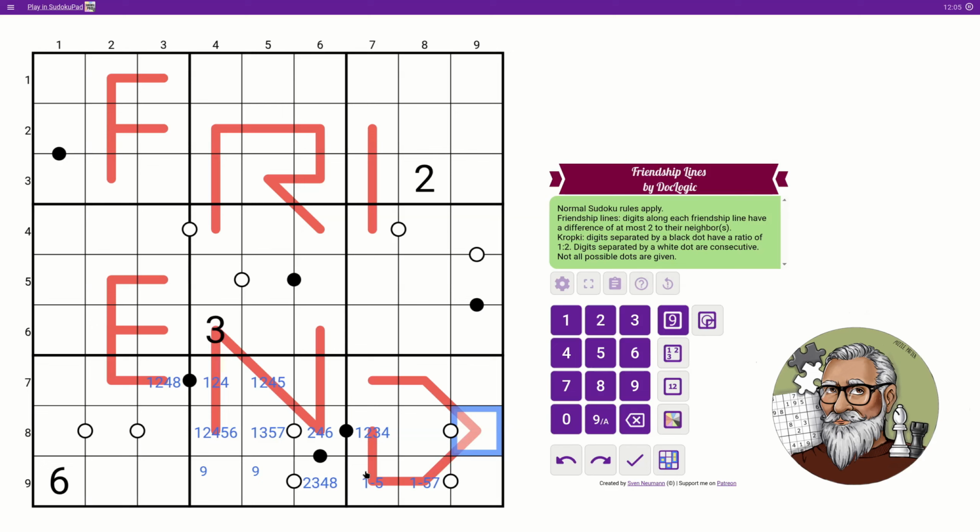Right. So if this is 7, 8, 9, I can still have 6 here. We don't have a shortage of what to put here, do we? It's a little bit weird with all of those kropki dots here, but I'm not sure.